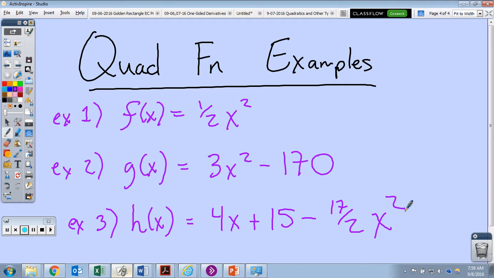I just want to emphasize again that the order of the terms doesn't matter. This is still a quadratic because the highest term is a square term. There's no x cubed, there's no x to the 4th power, x to the 5th power. Those would not be quadratics.